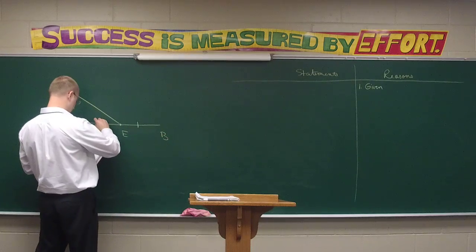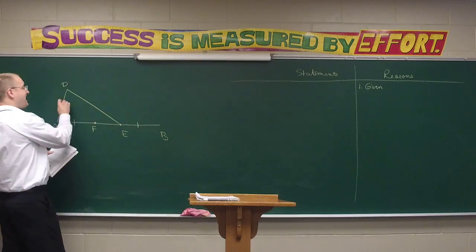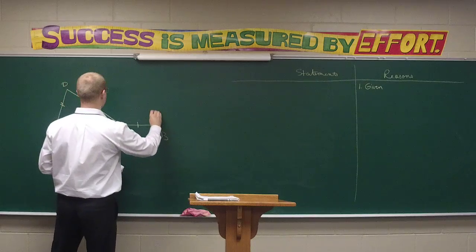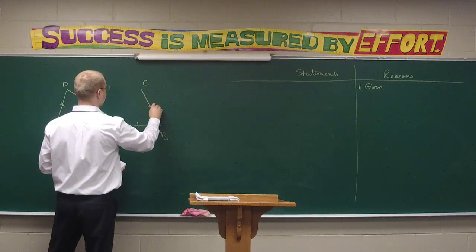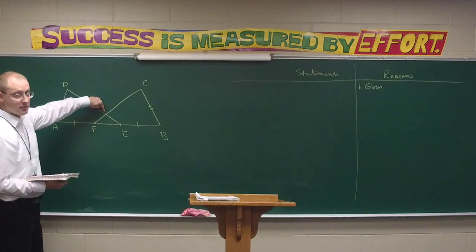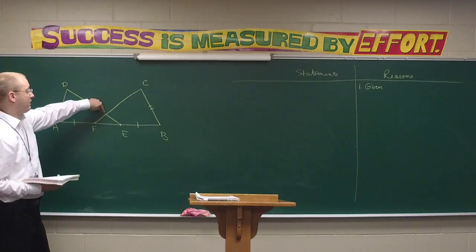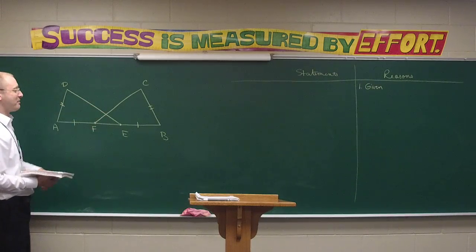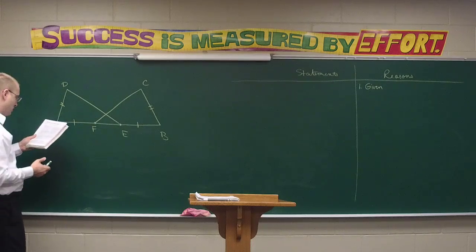Then a line goes up here, and this line AD that comes up is the same length as this line BC. And we don't know the name of this point. There's a reason for that. It doesn't matter. You don't need the name of that point. We're not going to use that point in the proofs. They're trying to help you out here.